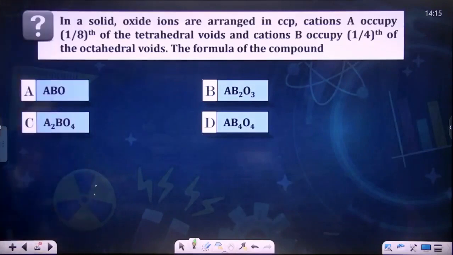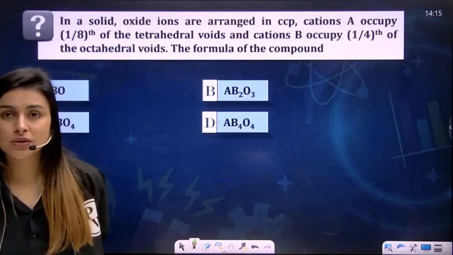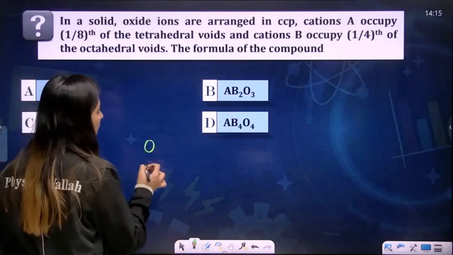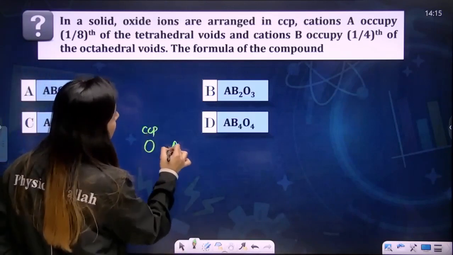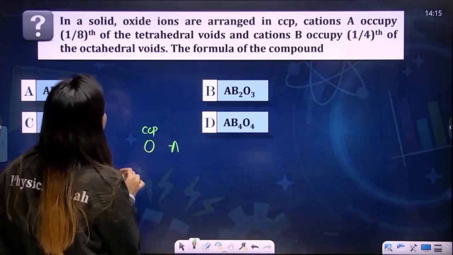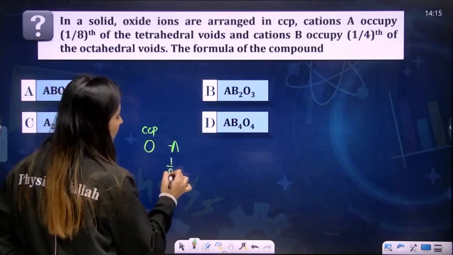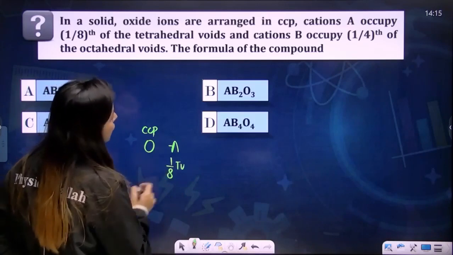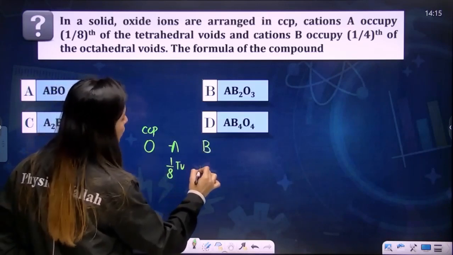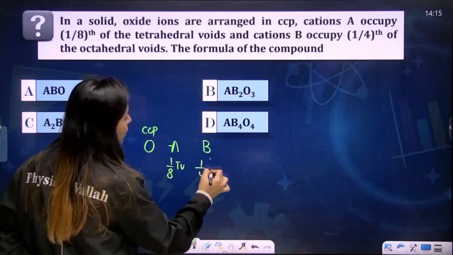The next question says that in a solid, oxide ions are arranged in CCP. So you have oxide ions and they are arranged in CCP lattice. Then you have cations A that occupy 1/8 of the tetrahedral voids, and then you have cation B, which covers 1/4 of the octahedral voids.